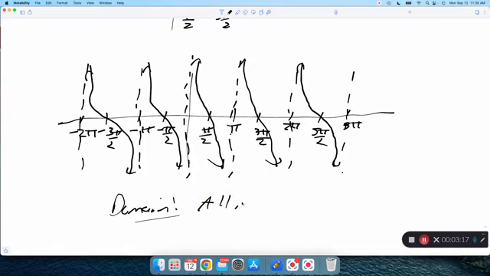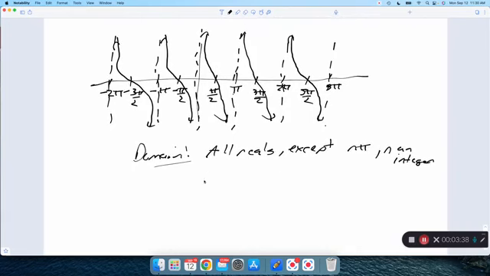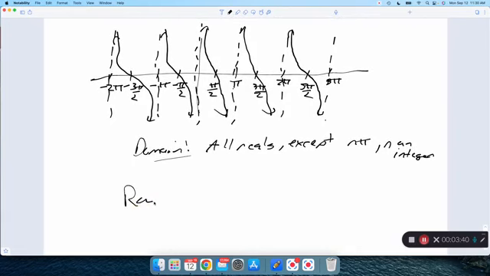I'm allowed to plug in all real numbers except those places here, the pi's, because then we would be trying to divide by 0, and we can't divide by 0. And the range, just like tangent, this guy goes all the way down and all the way up. We use all possible y values, negative infinity to infinity.